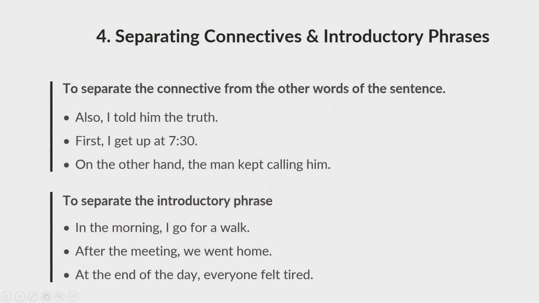Number four, separating connectives or introductory phrases. So we can use a comma to separate a connective when it comes at the beginning of a sentence, or sometimes an introductory phrase. Let's take a look at the first example. Also, I told him the truth. So here, the use of this comma is to separate the connective from the rest of the words of the sentence. Here is the same. First, it is a connective. On the other hand, this is another connective.